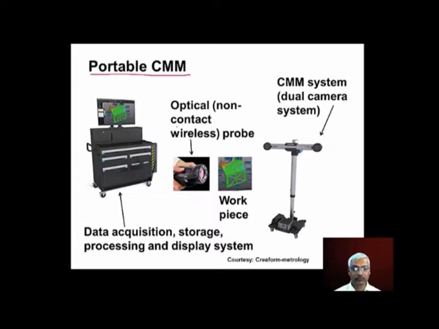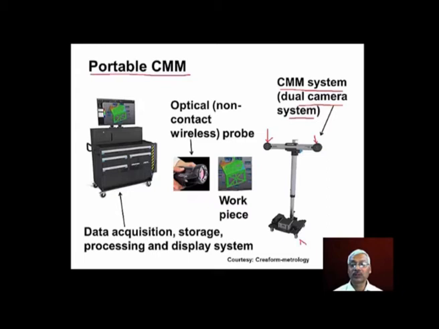In this illustration, we can see the various elements of portable CMM. We have the CMM system. This is a dual camera system. You can observe the two cameras here, and this is a mobile unit. We can see the wheels.